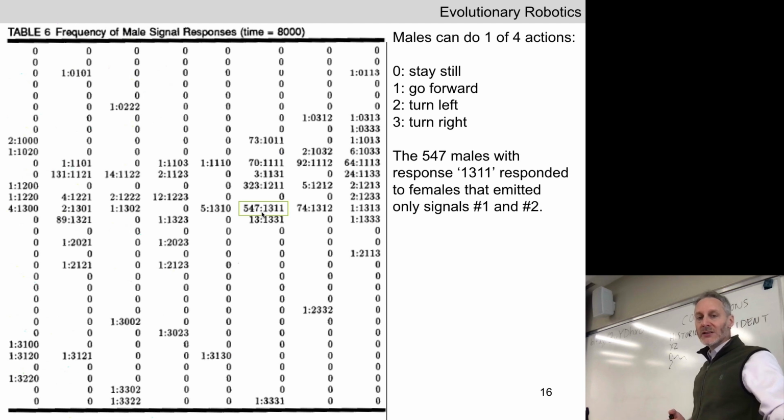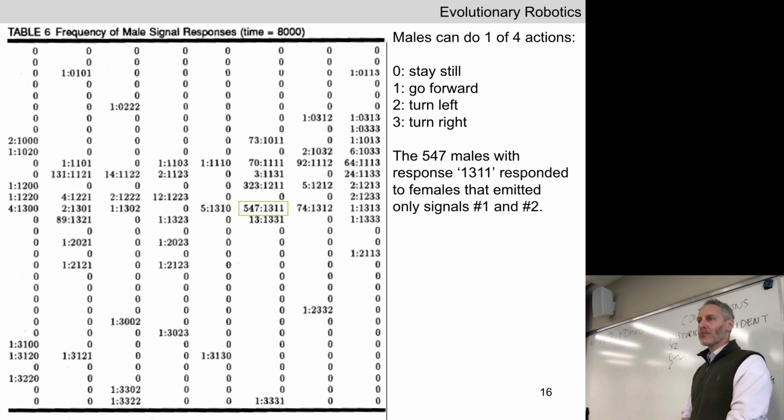Exactly. So you'll notice to the right of the colon here, there are 3 ones. So for 3 of the 4 songs, the males go forward. And for the second female song, these particular males only turn right. These males, like my great uncle, they never turn left.